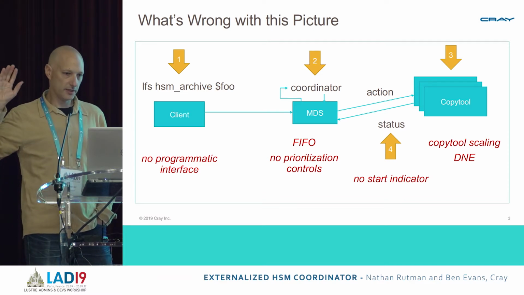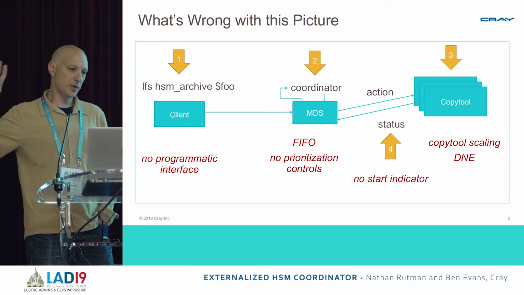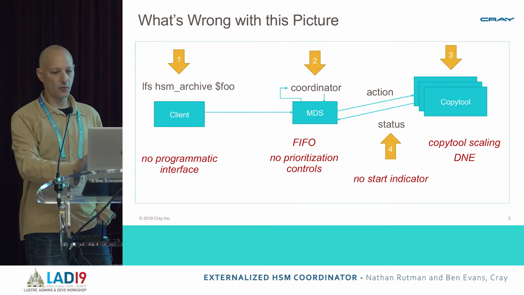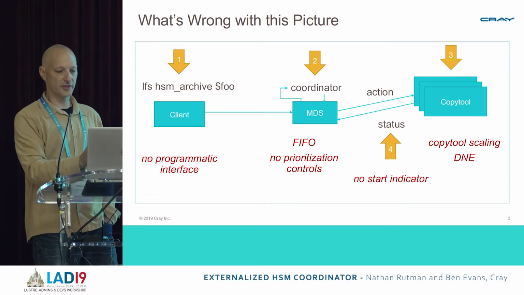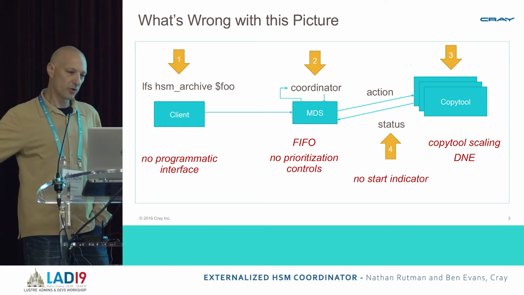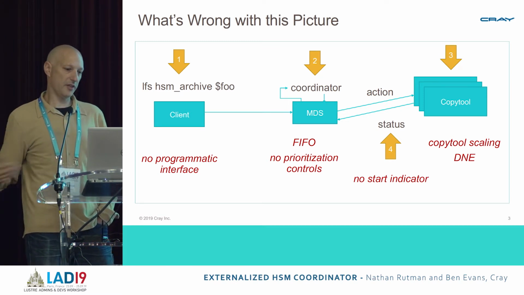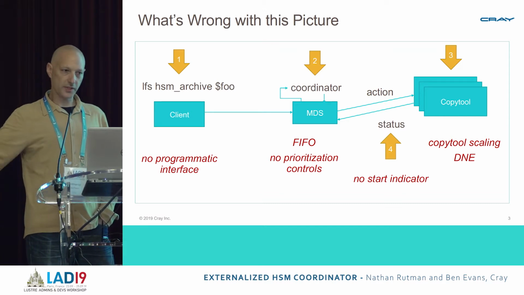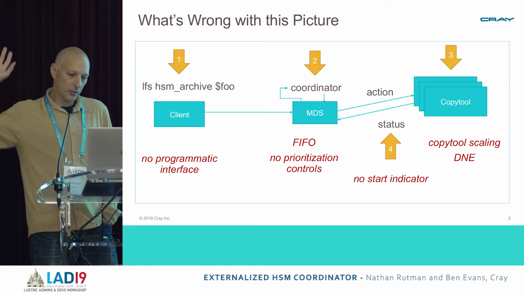It should just be an asynchronous command that you issue, and something takes care of it, and that's the end of it. And why do we need to register these copy tools? Why can't we just start the data movement completely independently of anything that Lustre knows about? That allows us to do whatever we want in parallel as often as we want, and we just tell Lustre at the end that we're done.